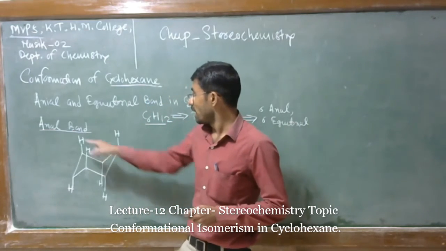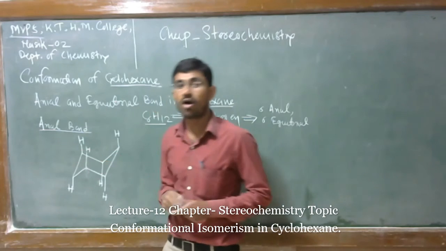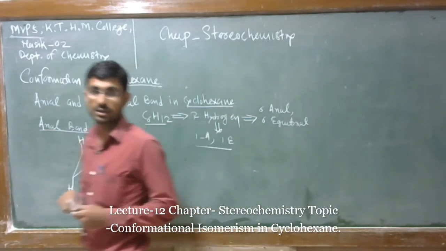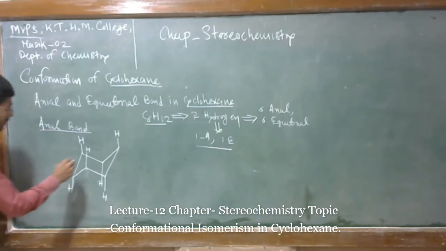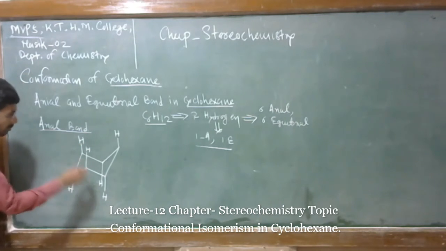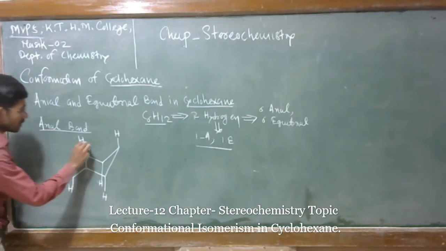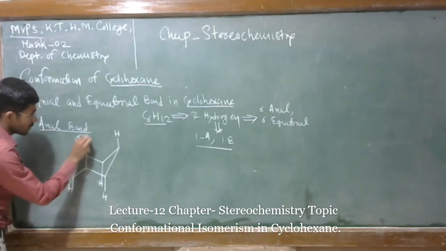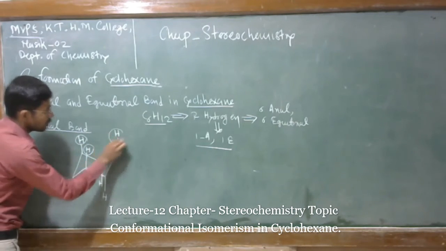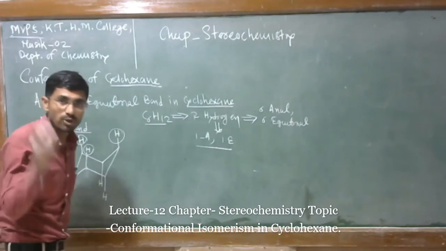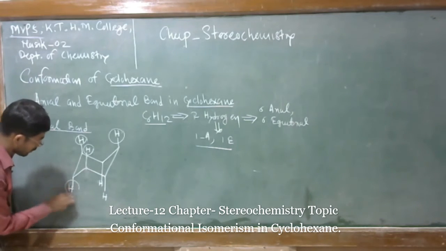If you observe all the bonds here, out of 6 bonds, 3 are above the plane and 3 are below the plane.